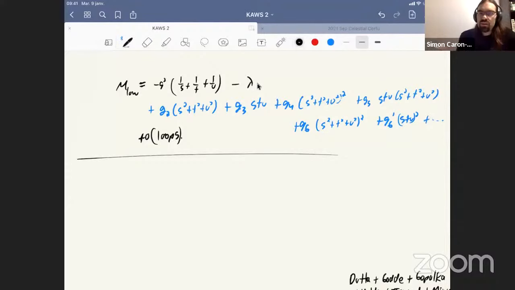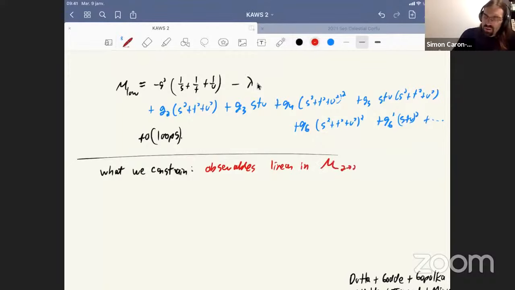What we can constrain using self-consistency methods are observables, in particular observables that are linear in the scattering amplitude M. And that means that the things that we actually constrain are non-linearly related to Lagrangian parameters. It's kind of unavoidable, and that boils down to the fact that experiments don't measure Lagrangians.